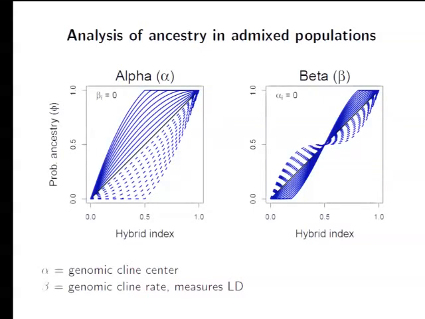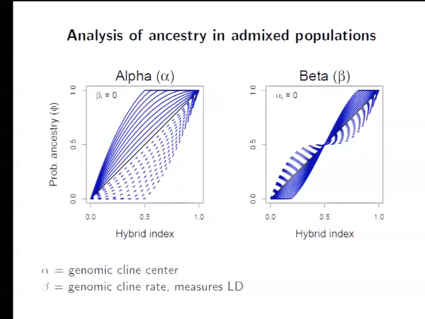The second parameter is slightly more complicated, which I've labeled beta here. Again, we have our null expectations here on the black line. With positive values of beta, you have these solid blue lines that are basically measuring the admixture linkage disequilibrium between that locus and the overall genomic background, such that with positive values of beta, species A alleles are more likely than null expectations to occur in a species A background, and in a species B background, they're less likely to occur.